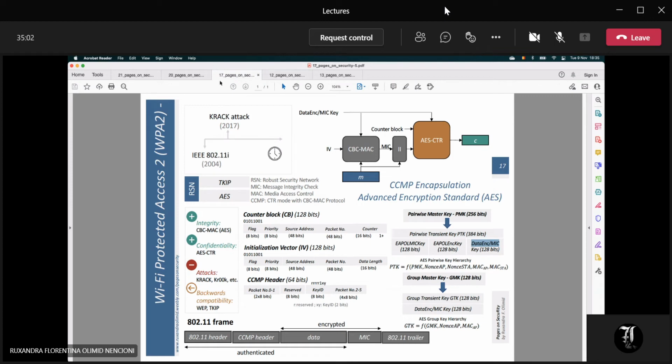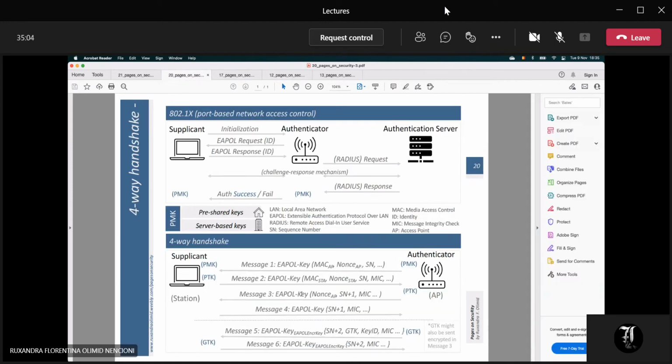So remember where they were used in the four-way handshake, right? In the first message, we had nothing. In the second message, we were starting to use a MIC. And this MIC was computed with what? With the MIC key. Which key?